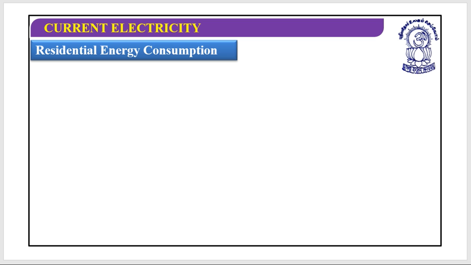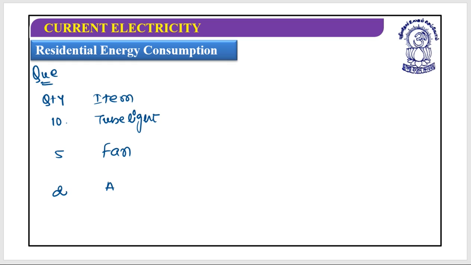Let's have one more question for practice purpose. Let's suppose you are having a quantity of 10 tube lights, 5 fans, and 2 air conditioners.